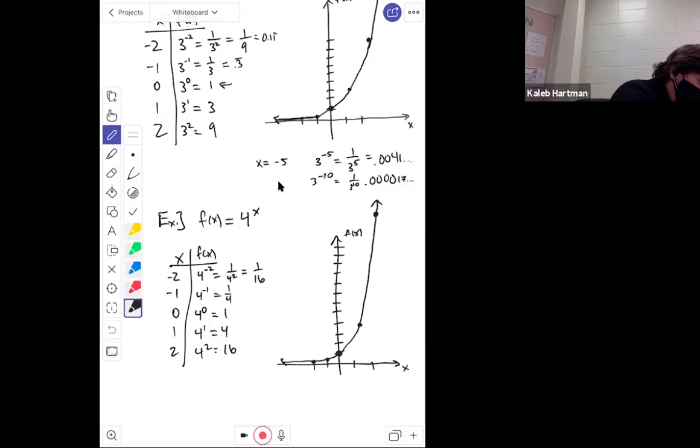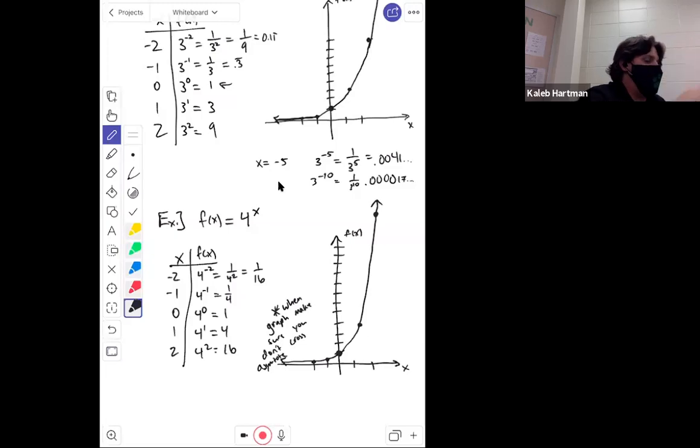Okay. One really important note: when you connect the dots, when you graph, make sure you don't cross the asymptote. Okay, so what do I mean there?